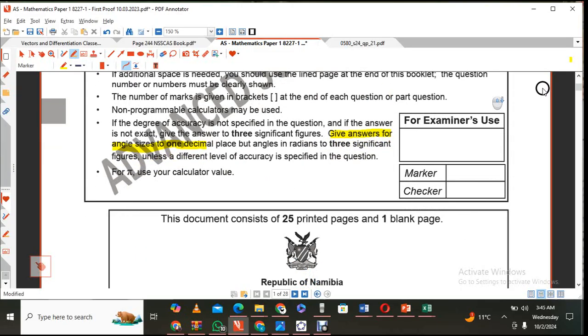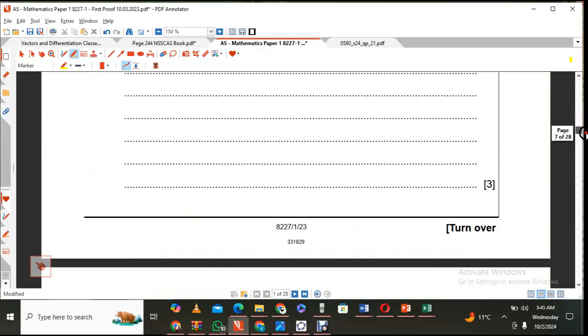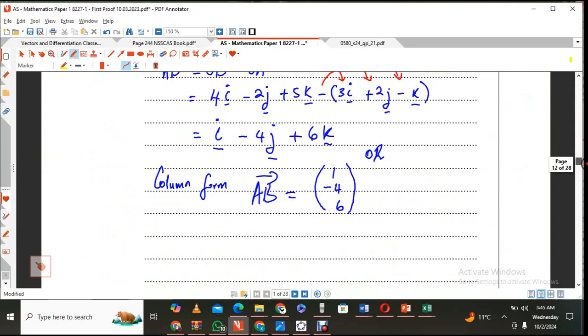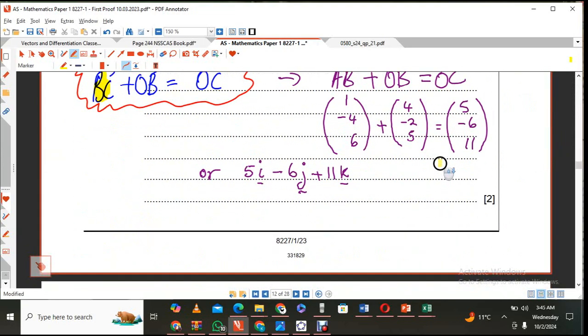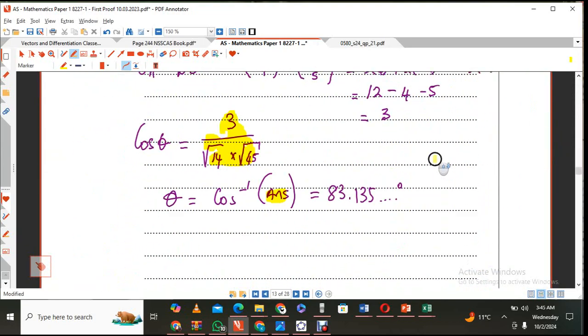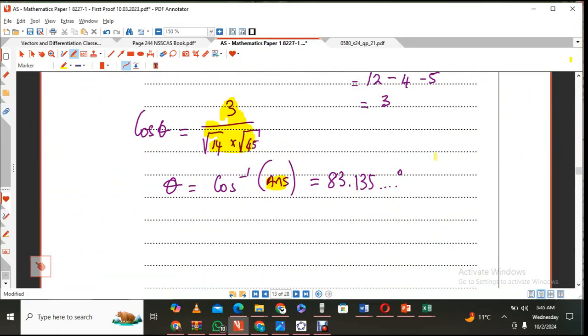Radians will be 3 significant figures. So that means I have to give this answer to 1 decimal place. So that's going to make it 83.1 degrees, of course, to 1 decimal place. Right, so it's basically how it's done.